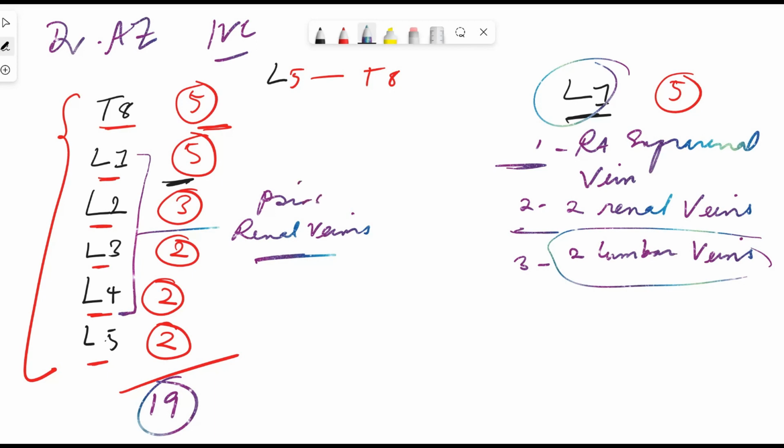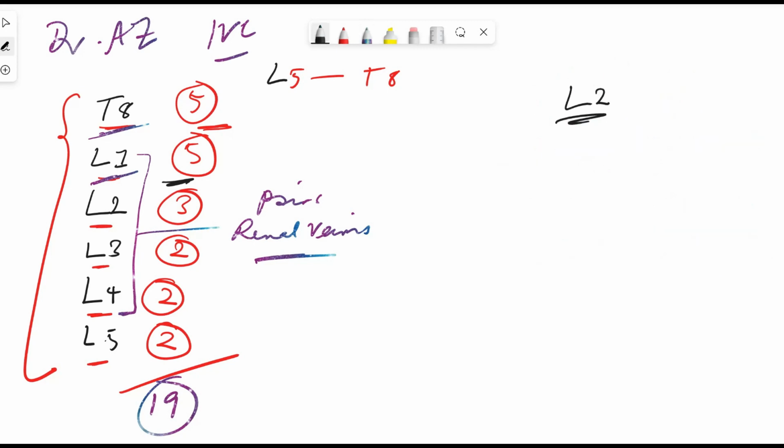So we finished T8, 5 tributaries. At L1 we have 5 tributaries also. Let us go to L2. At the level of L2, as we mentioned before, we have 3 tributaries. What are those 3 tributaries? Number 1, you have the right gonadal vein coming here.